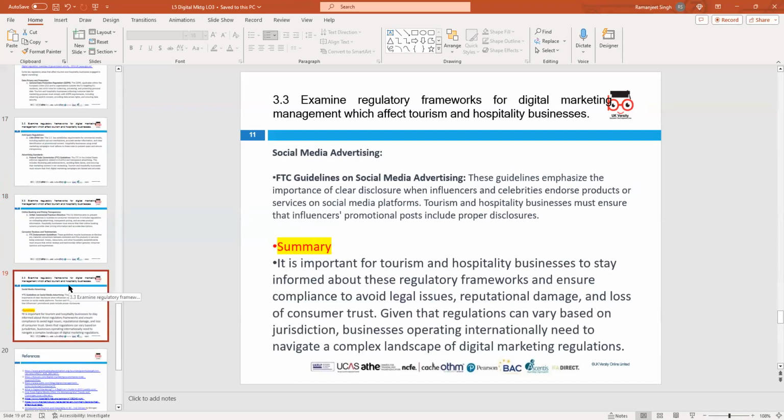Social media advertising, for example, has guidelines on what you can advertise and what you can't.